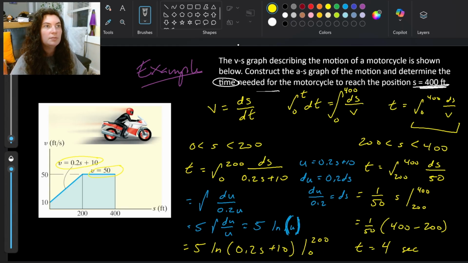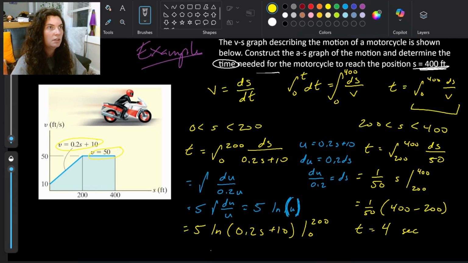So I can plug those into my calculator and I can get that time of about 8 seconds, 8.05 seconds. So for that first position, going from 0 to 200 feet took about 8 seconds.